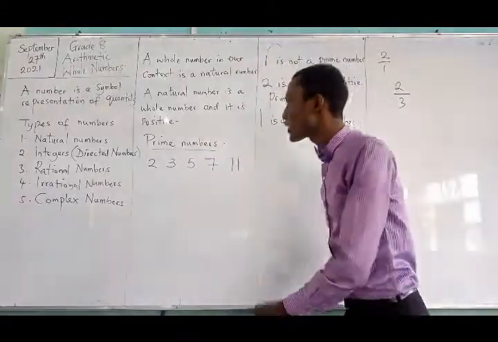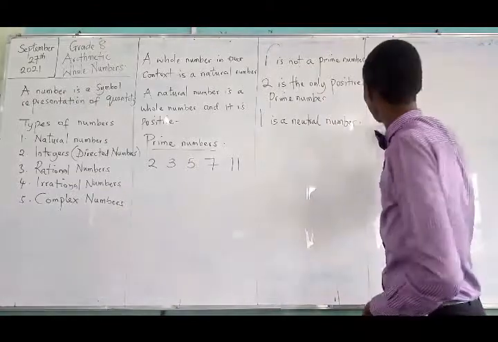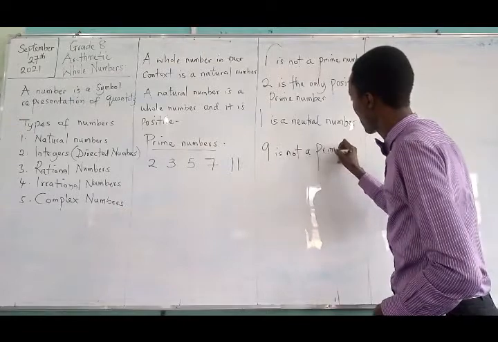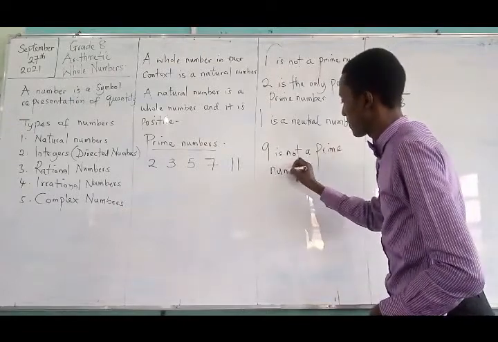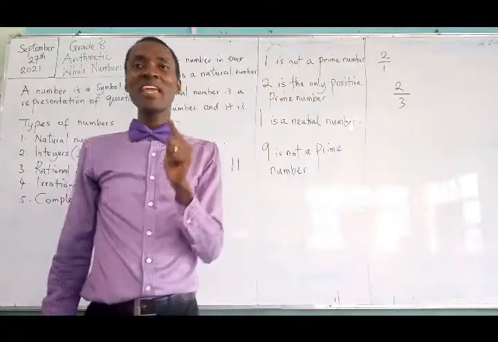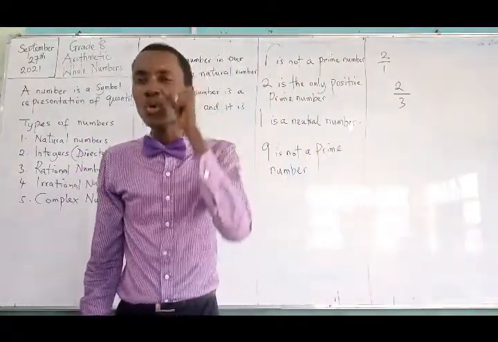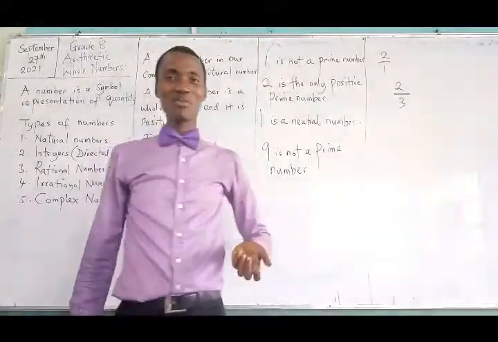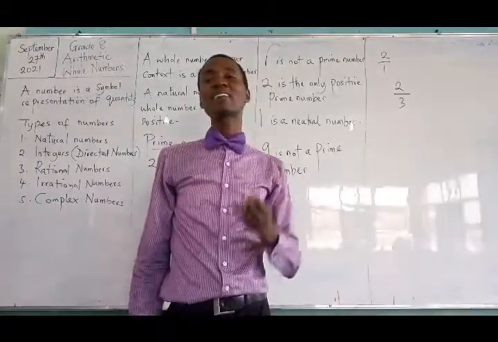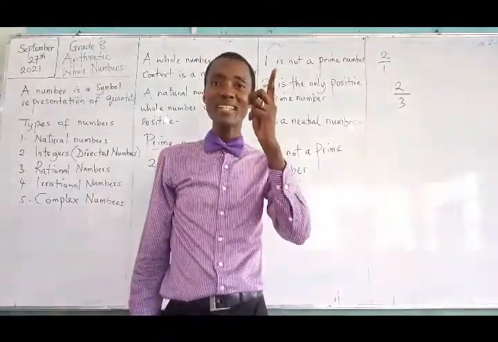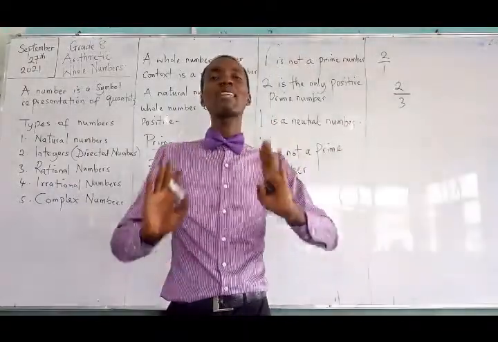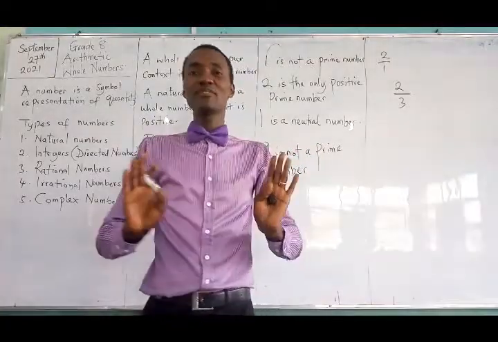Now look at this. 9 is not a prime number because a prime number has just one factor, and that's itself. So we define prime numbers as a number that 1 and itself can divide. So what's a prime number? A number that 1 and itself can divide.